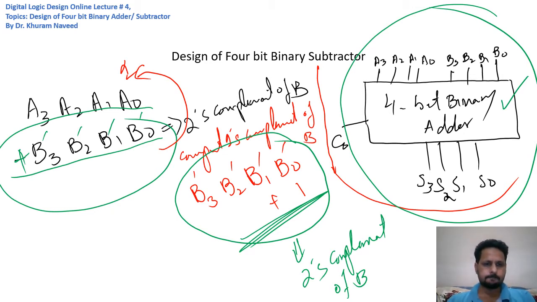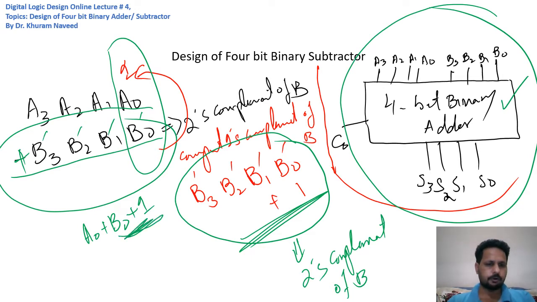So this first addition will become A naught plus B naught plus 1, which is exactly what we want. We want to add B naught plus 1 into A naught, right?